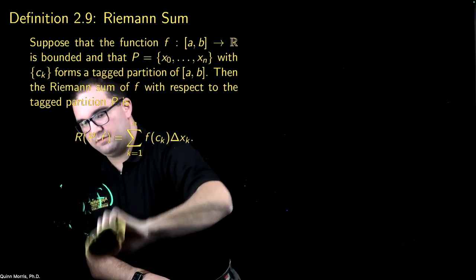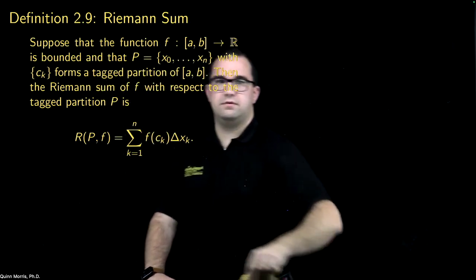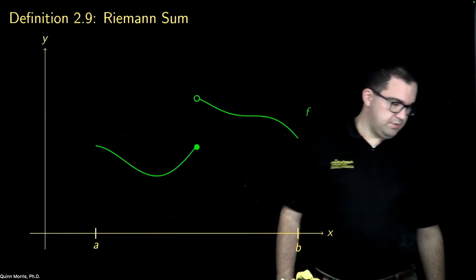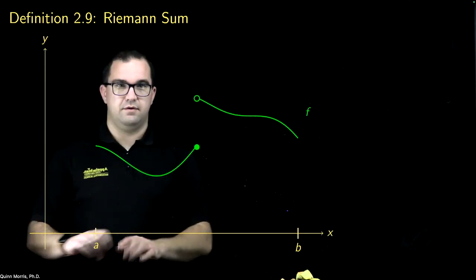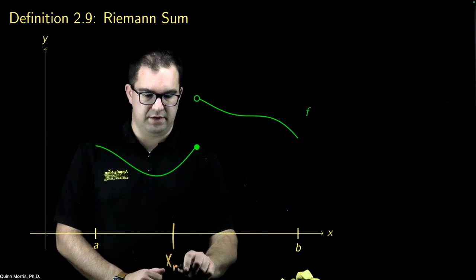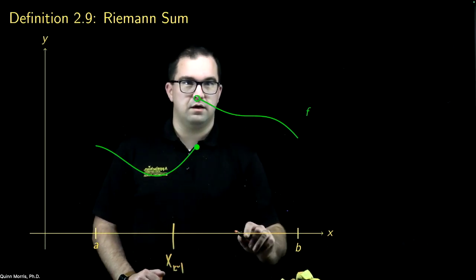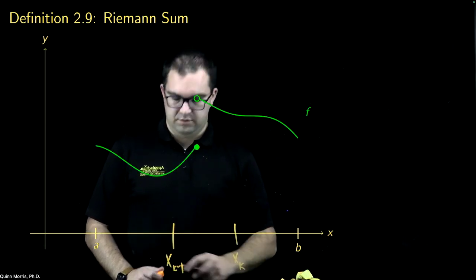Now, again, just visually to go back to this picture, let's imagine here, here's maybe x sub k minus 1. Sitting over here is x sub k, right?